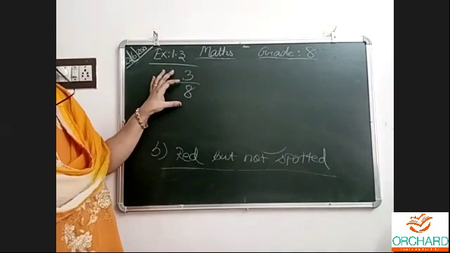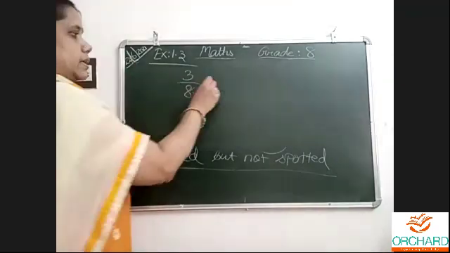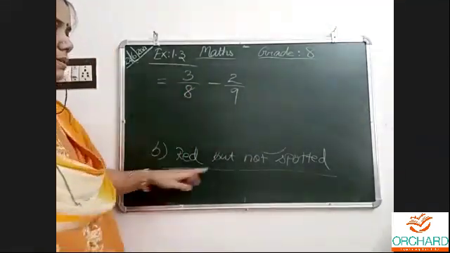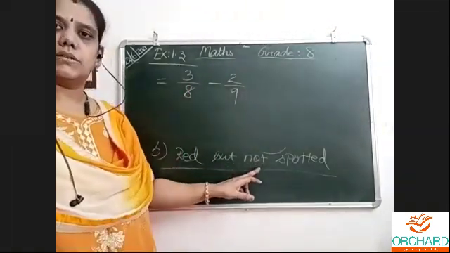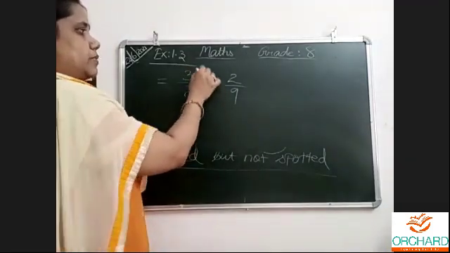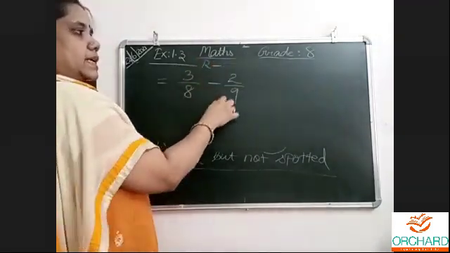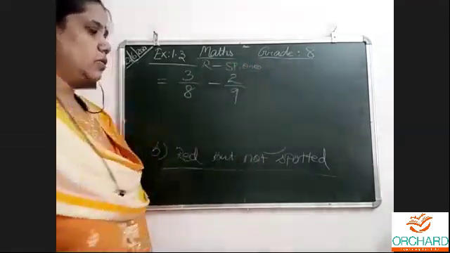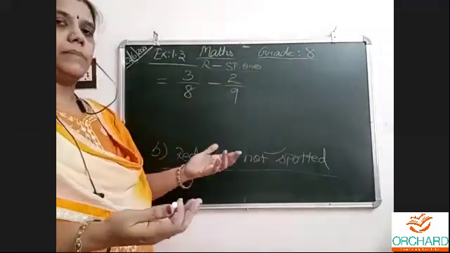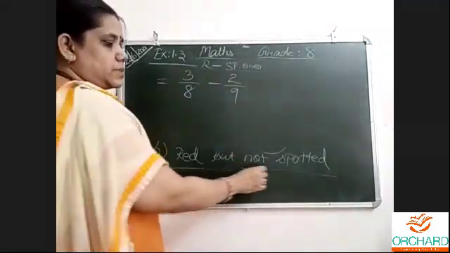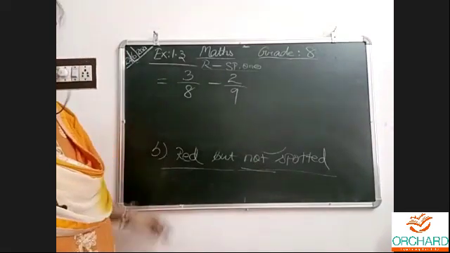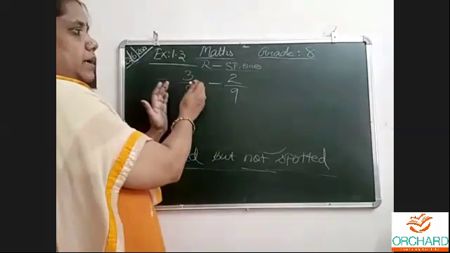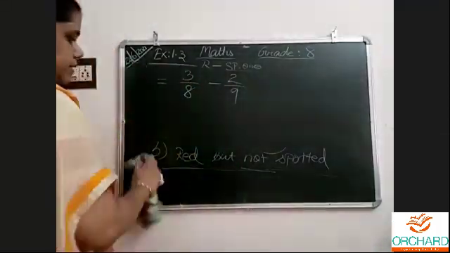In that, 2 by 9 are spotted. So when we subtract the spotted ones from the total number of red marbles, we will get those which are not spotted. That's all. Red color marble minus the spotted one.